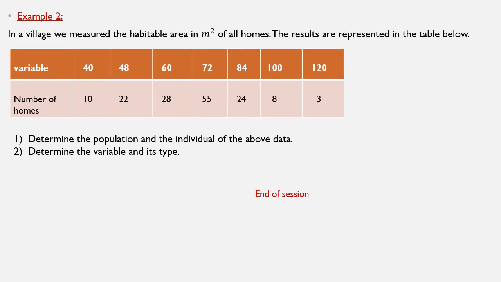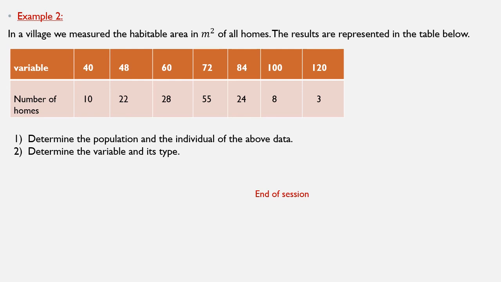Example 2. In a village, we measure the habitable area in square meters of all homes. The results are presented in the table below. In the table, we have the variable and the number of homes. Question number 1. Determine the population and the individual of the above data.